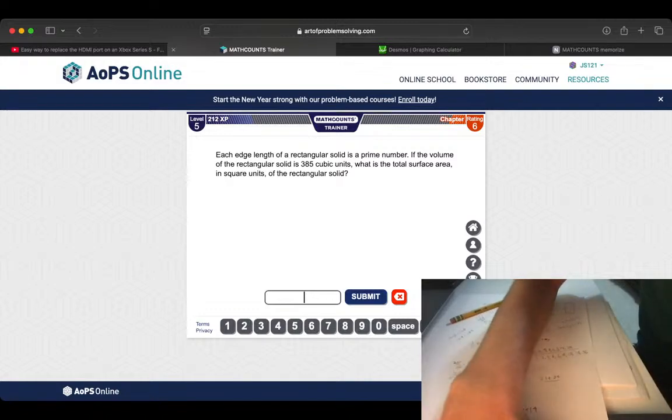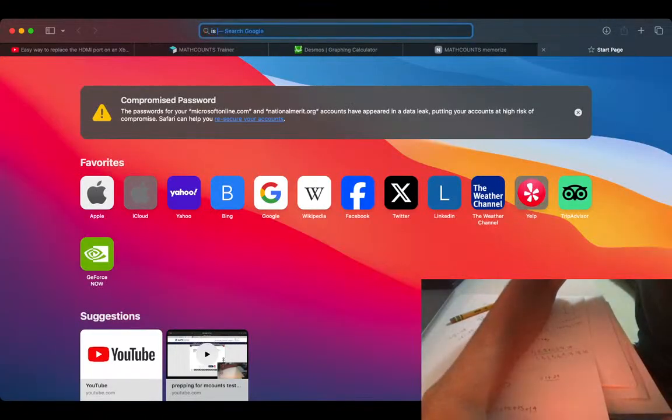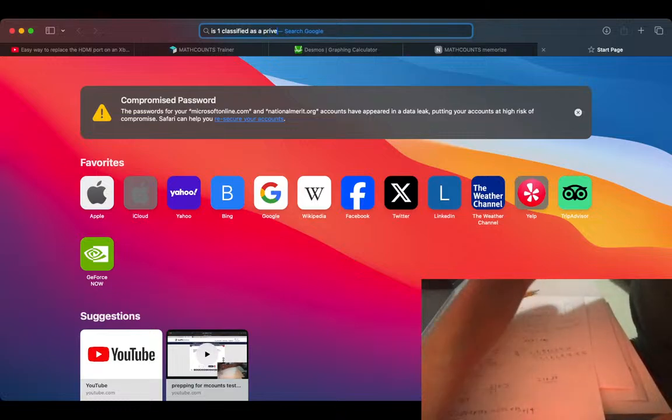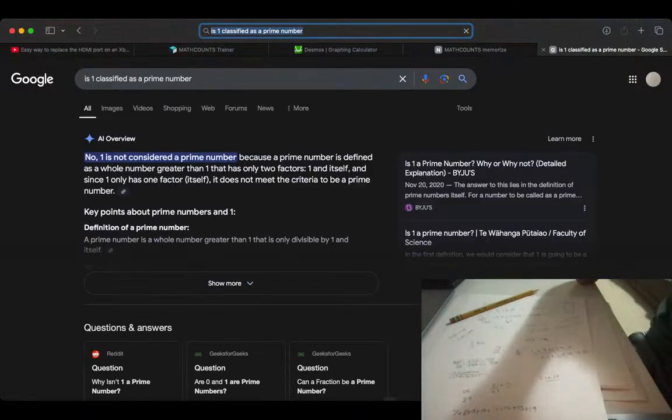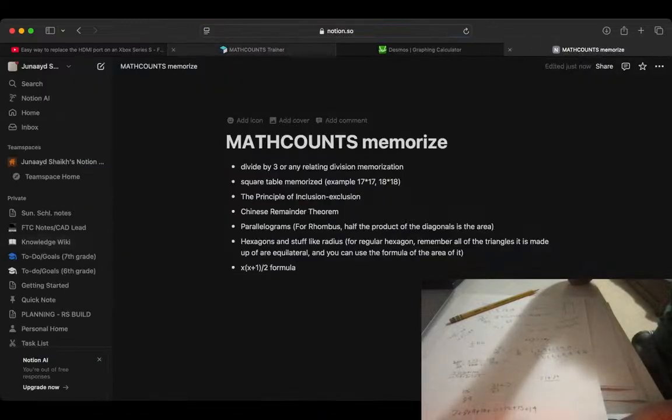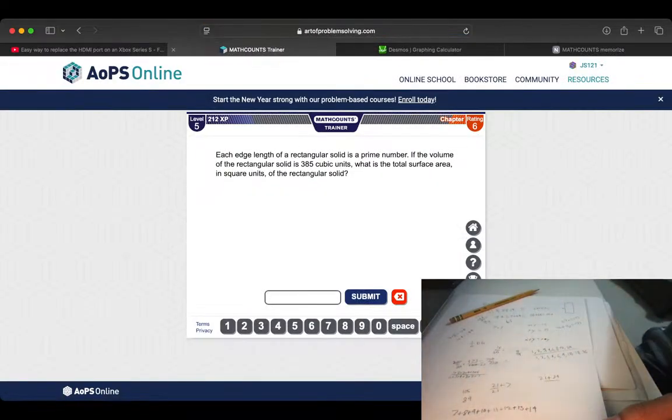I forgot this. Wait, I forgot. Is 1 classified as a... If it's a Google search, that means... Okay, greater than 1. Alright. So, 5 is a prime number.